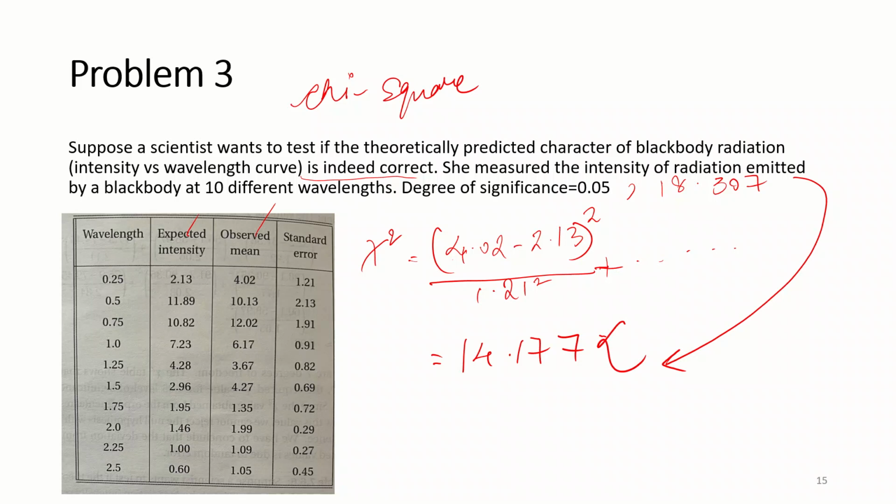So we told that null hypothesis. Since the obtained value for test statistic is 14.117, which is less than the critical value for rejection, we have to say that the experiment does not provide any ground for rejection of the theory.